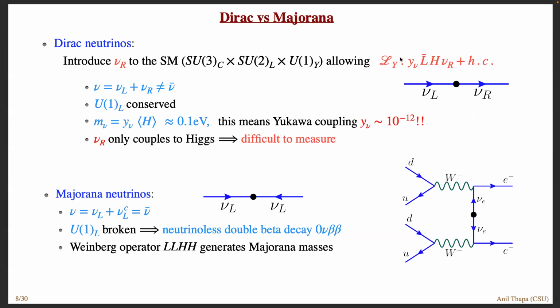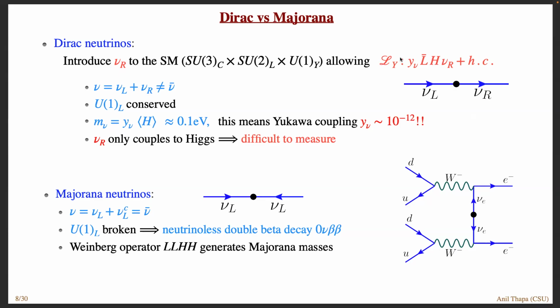And you can write a term like this, Y_nu L-bar H nu_R, where L is the lepton doublet, H is the Higgs doublet, and nu_R is the new field that you add. If neutrino is a Dirac particle, and you somehow forbid the Majorana mass term for nu_R, then after spontaneous symmetry breaking, H gets the vacuum expectation value, and the neutrino gets a mass like this. So if neutrinos are Dirac particles, U(1) lepton number is conserved.